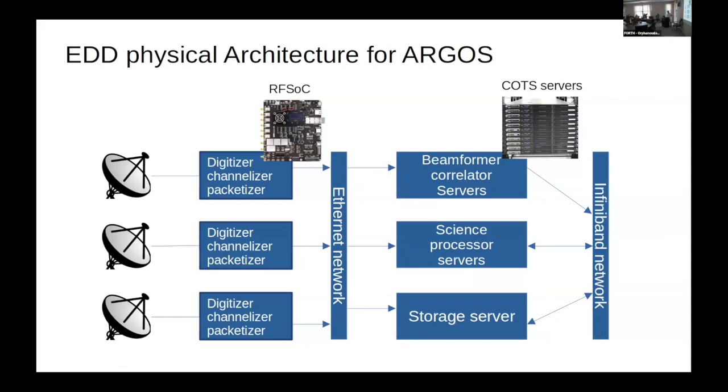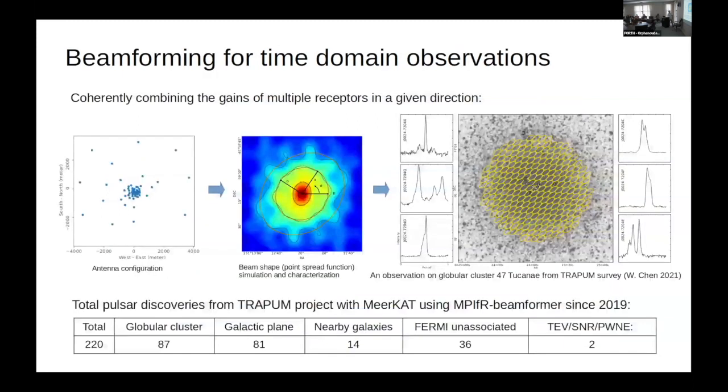Before we go into more detail on the RF software, we also want to talk about the beamformer that we include in the backend design. Beamforming is to coherently combine gain from multiple receptors to different directions. In MeerKAT, we use the configuration of the antenna and the location of the source to simulate the point spread function, so that we can characterize the beam shape of the instrument.